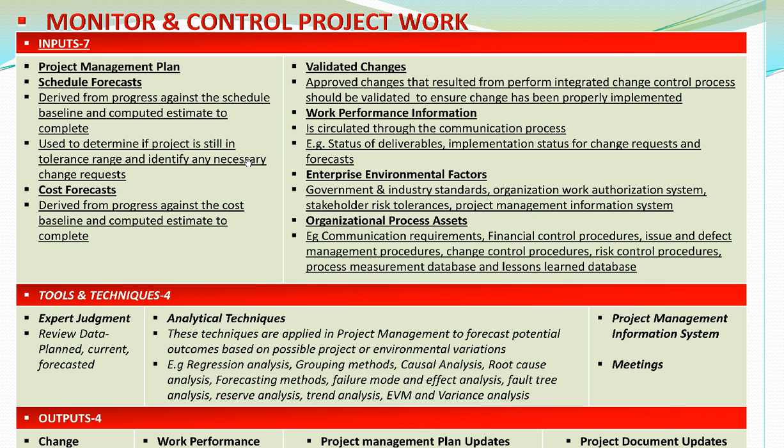So the 4 tools and techniques that we use here are expert judgment, analytical techniques, project management information systems, and meetings. In expert judgment, we get expert judgment from people where we review the data and compare it with the plan, current, and the forecast of the way the project is proceeding.